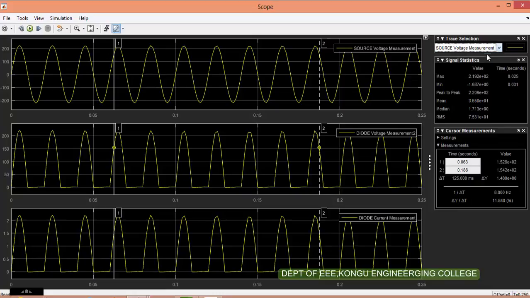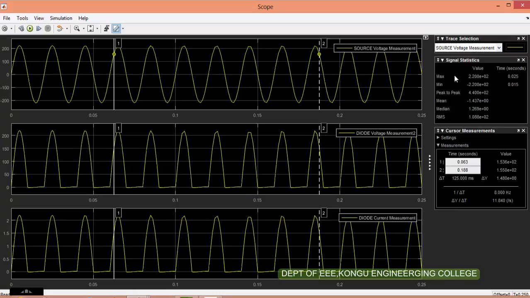Now let us change to source voltage. It gives your statistics. Maximum is 220, minimum is minus 220. The simulation runtime is 0.025. Peak to peak value is 440, it is 220 plus 220. This is the mean value, median value, and RMS value. RMS value is 108.